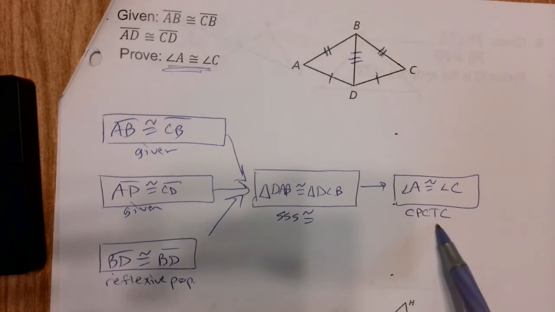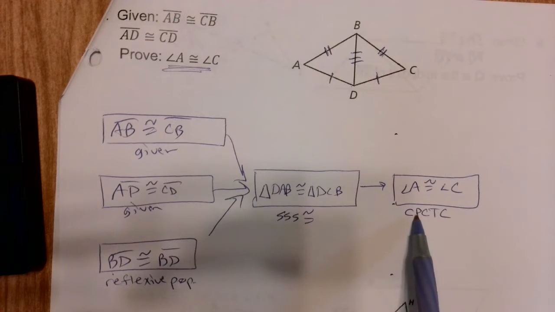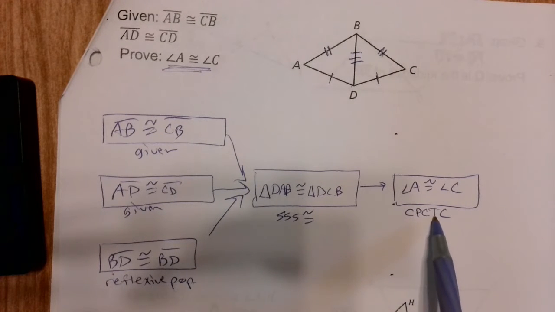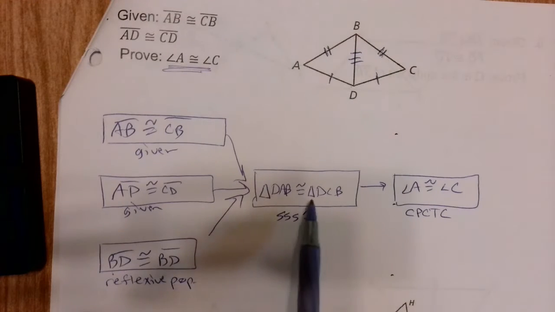Now what about the CPCTC? CPCTC stands for corresponding parts of congruent triangles are congruent. So here's the explanation. These two triangles are congruent. That's what we just showed here.